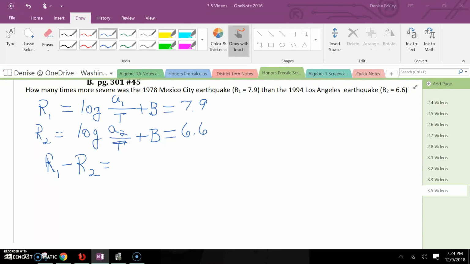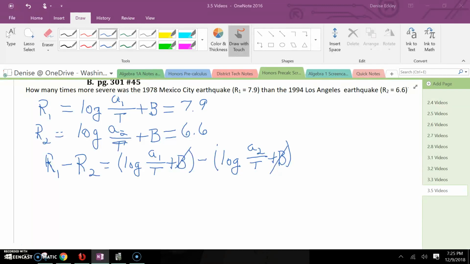So we're going to take the log of A1 over T plus B minus the log of A2 over T plus B. And when we do that, we can subtract off the B's because they're going to eliminate each other.